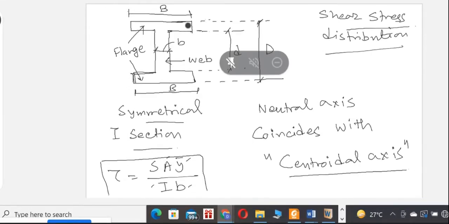So here the dimensions change abruptly from this part. So this portion and this portion, means at these two levels, suddenly the dimensions are changing abruptly.